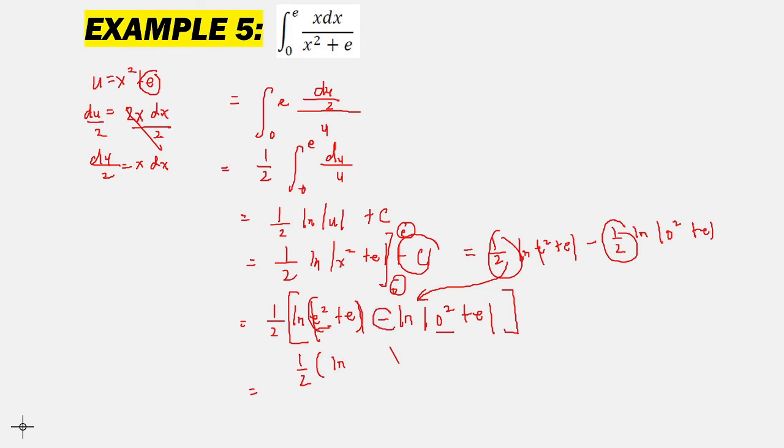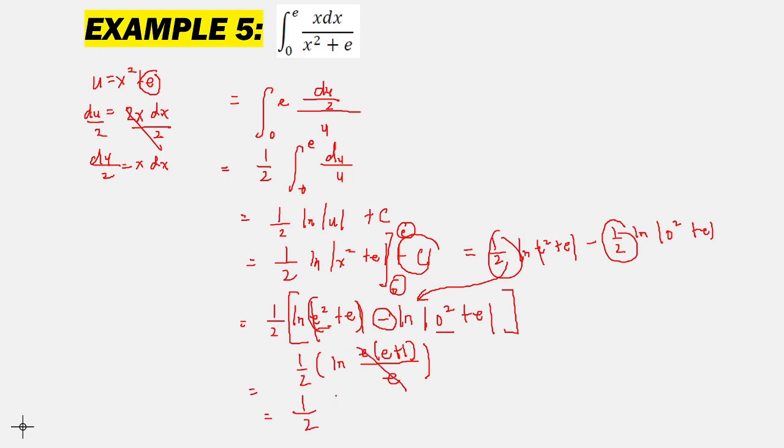Remember that in the law of logarithms, if it's a minus sign, that is division, right? So that's e times e plus 1. So e squared plus e all over, again, division is all over e. Our final answer would now be cancelled.